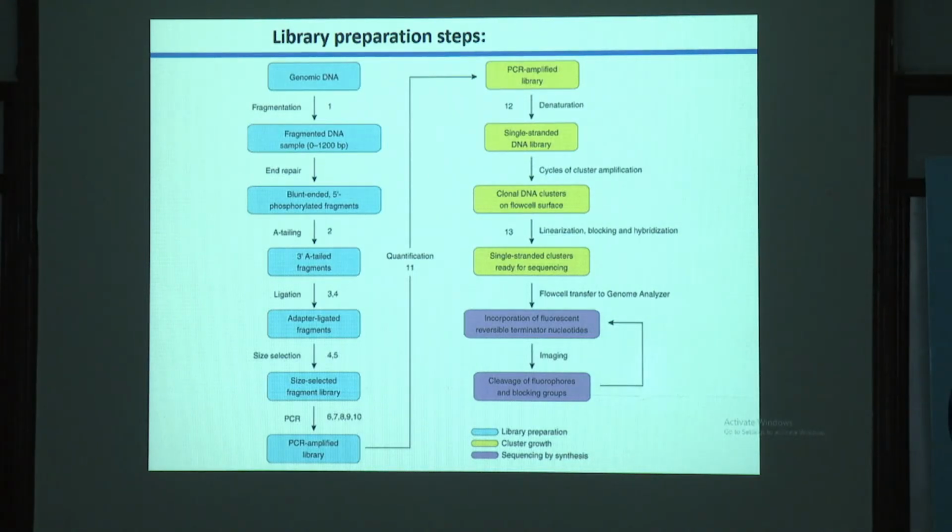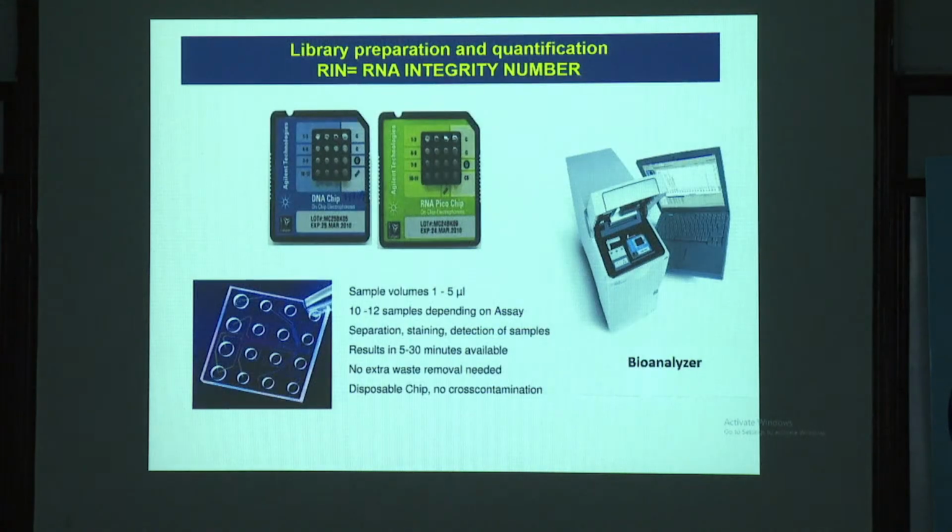then adapter ligation. So this is the common process, and then once the library is done, we go for the cluster generation, clonal amplification. I will tell these things in detail, and then we go for the sequencing run. So for library preparation, what we require is RNA or DNA. Okay. There is one numerical assessment number given for RNA and DNA.